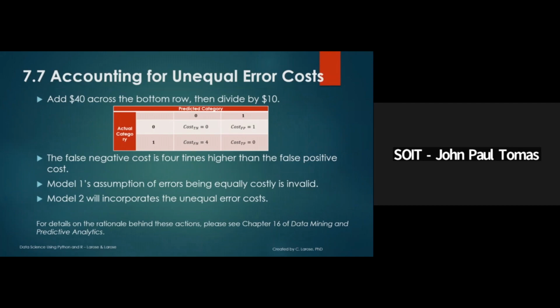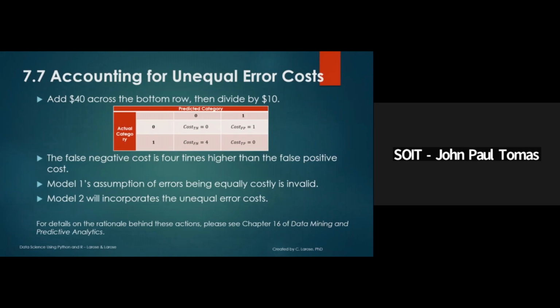Now, to continue accounting for unequal error cost, you add $40 across the bottom rows and then divide by 10. As you can see in our new contingency table, for the actual category and the predicted category of 0 and 1, for cost sub TN you have 0, for cost sub FN you have 4, for cost sub FP you have 1, and for cost sub TP you have 0.